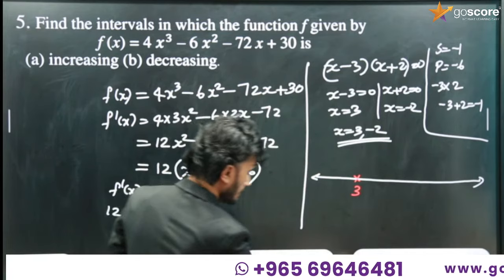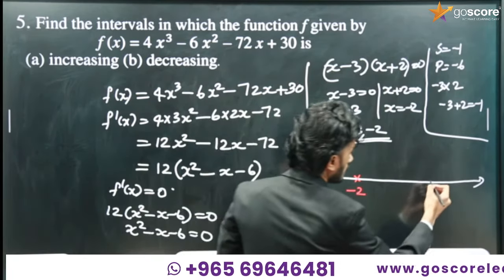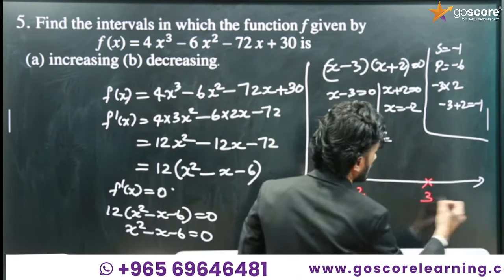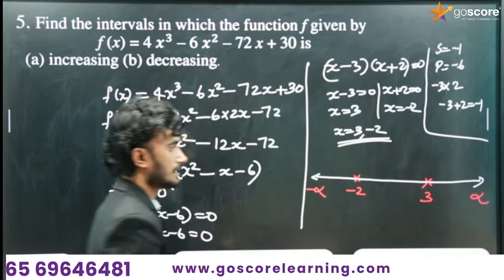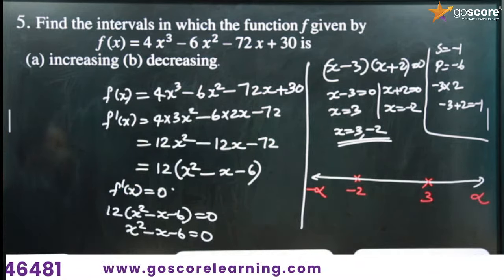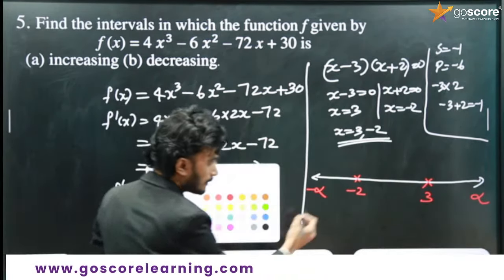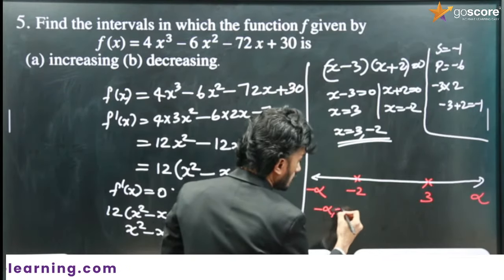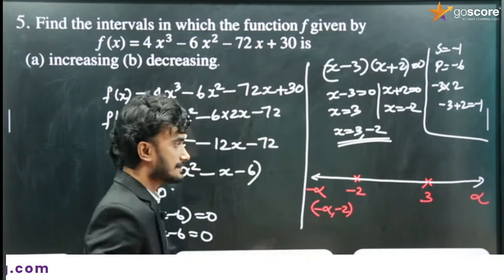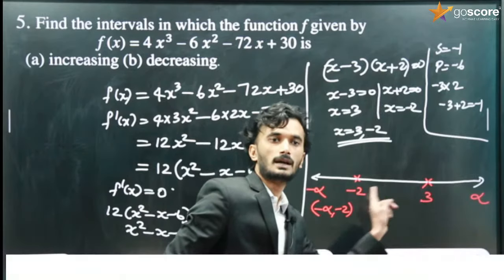This one is minus 2, this one is 3, this one is infinity, and this one is minus infinity. So the intervals are: first, minus infinity to minus 2. Then second, minus 2 to 3.